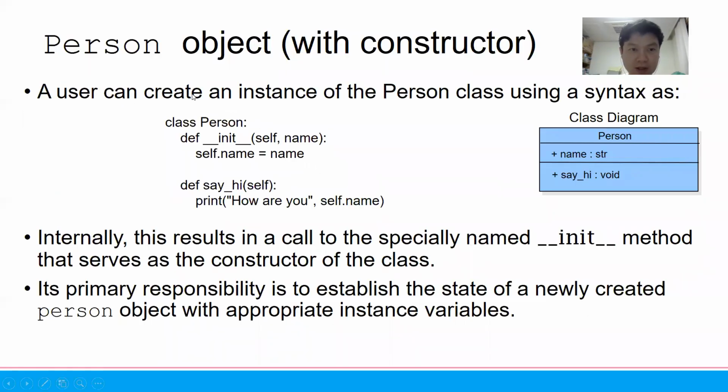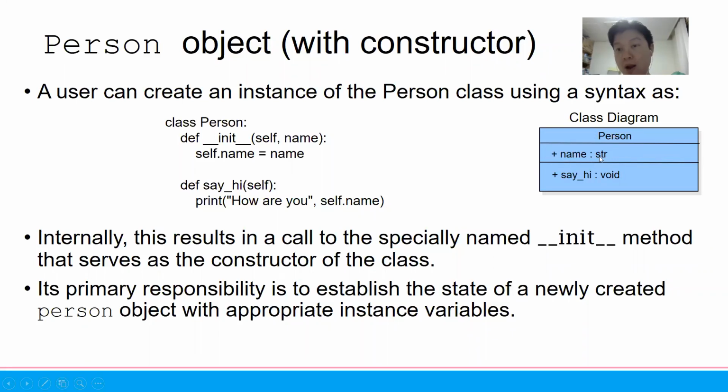Basically, it is a method, but it is the initial instance. When you create an instance, you need to define some particular attributes, and when you create the first instance, the method init will automatically be called. And for this one, I have a class diagram with the same name Person.